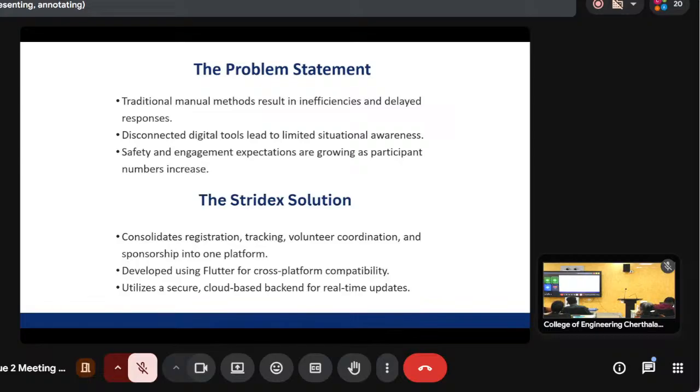We need a system that can keep up with thousands of runners at once. Our solution, StrideX, brings everything into one place: self-training mode, registration, tracking, volunteer coordination, and even sponsorship. We built the mobile app using Flutter, so it works on Android, and everything is backed up using Firebase.